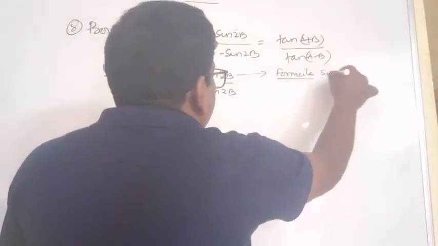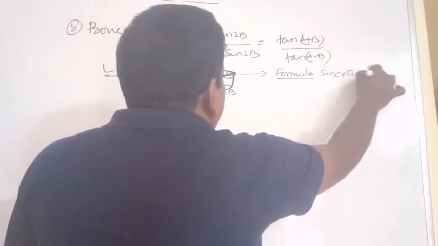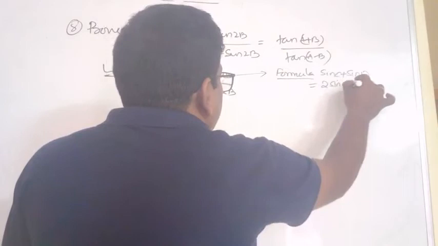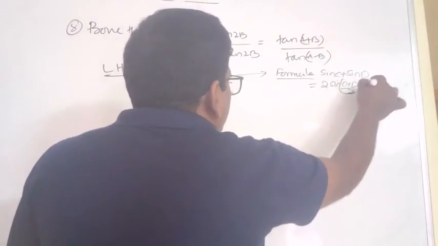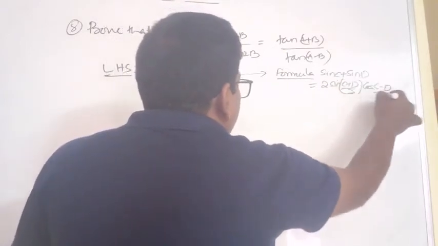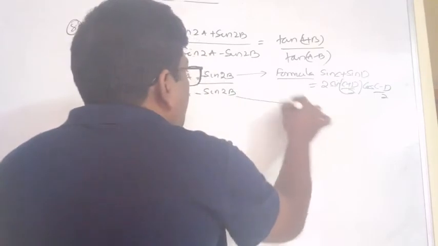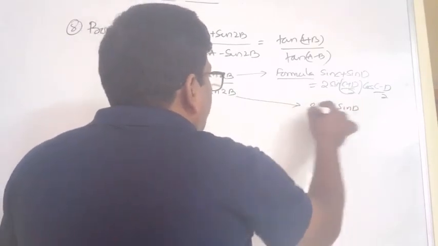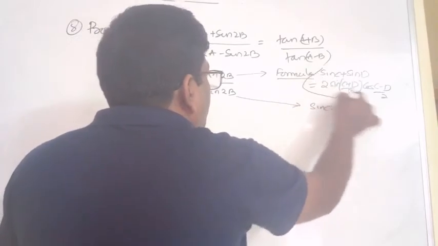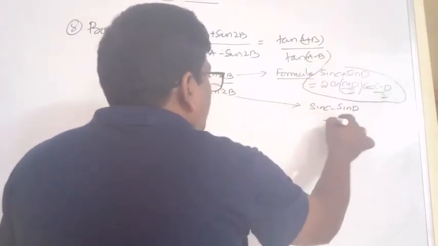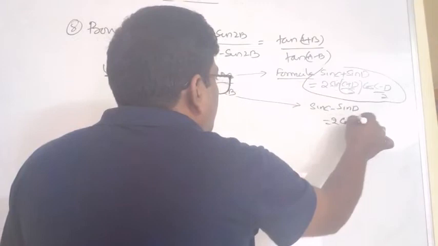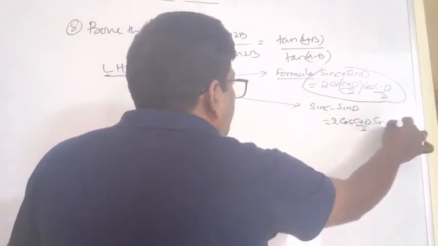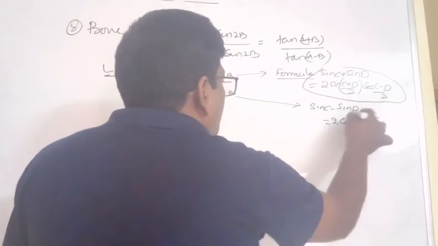Sin c plus sin d is equal to 2 sin (c plus d) by 2 into cos (c minus d) by 2. And sin c minus sin d is equal to 2 cos (c plus d) by 2 into sin (c minus d) by 2.